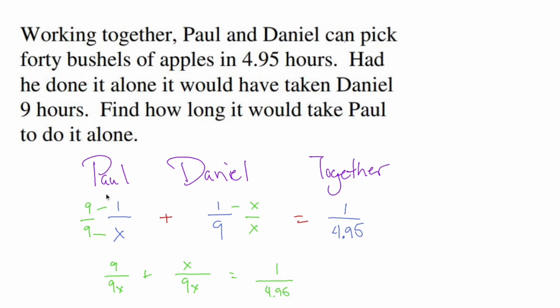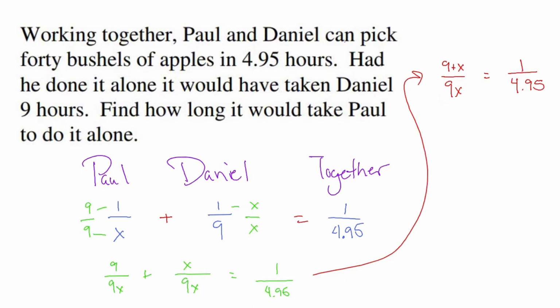Now that the denominators are the same, you add 9 plus x on top, and the denominator doesn't change. On the right side, we have equals 1 over 4.95.